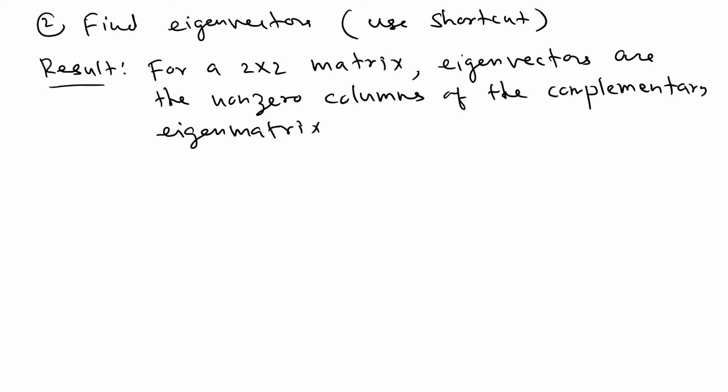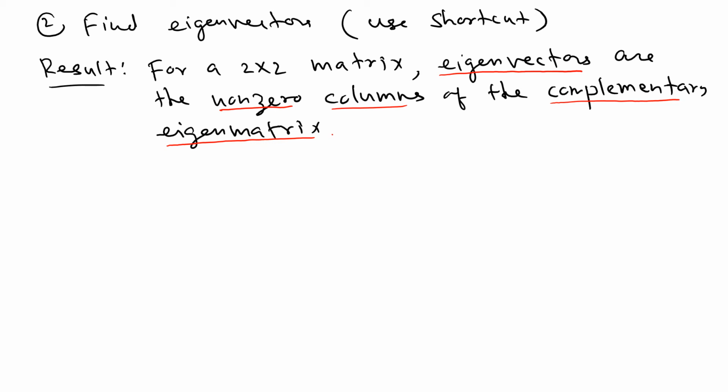That's a new word that I introduced to mathematics. You can find that information in the other video that is solely for finding eigenvectors. But it's the same thing. So for a 2 by 2 matrix, the eigenvectors are simply the non-zero columns of the complementary eigenmatrix. Complementary means use the other eigenvalue.